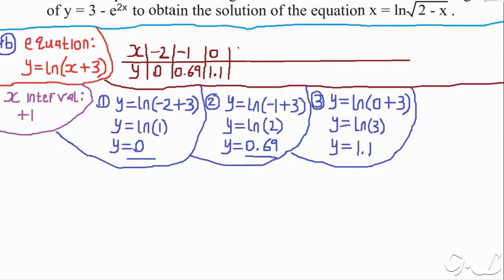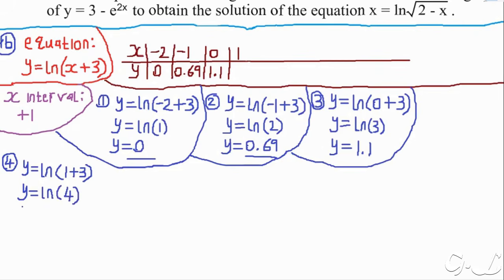Again, you have to add again. 0 plus 1 is 1, so we're going to replace x with 1 again. When you do the calculations with those in brackets, it will be +4.